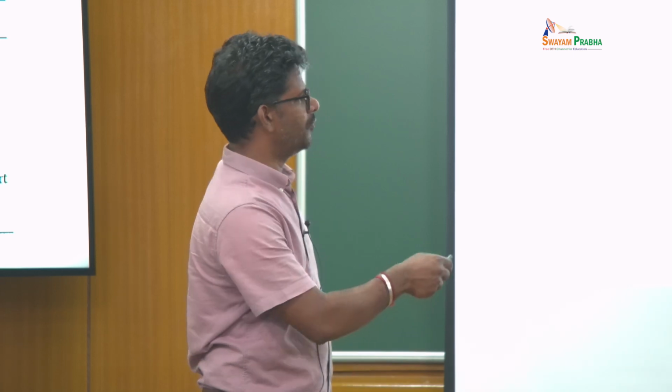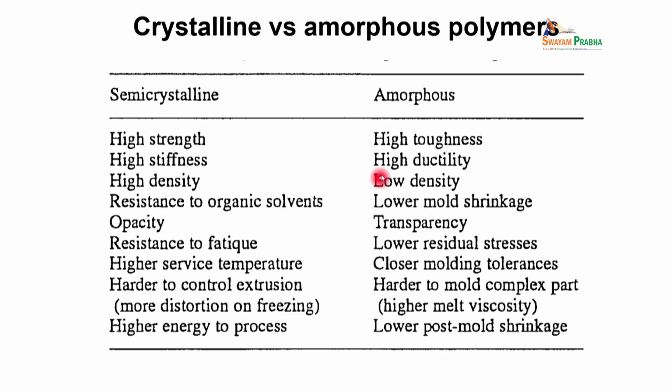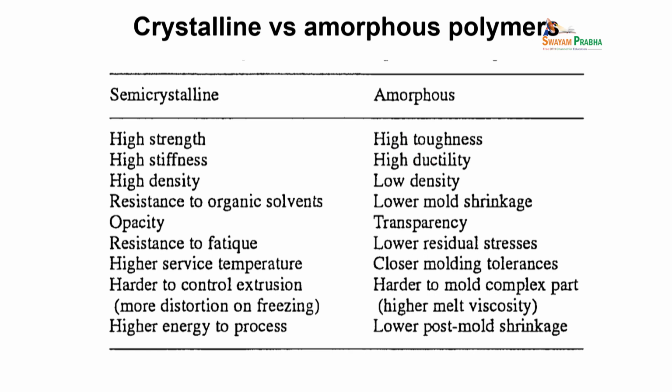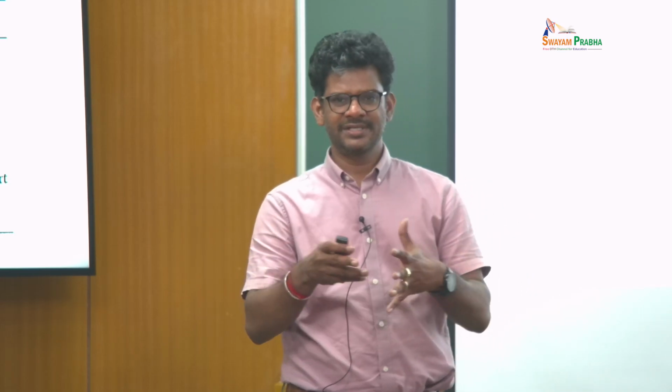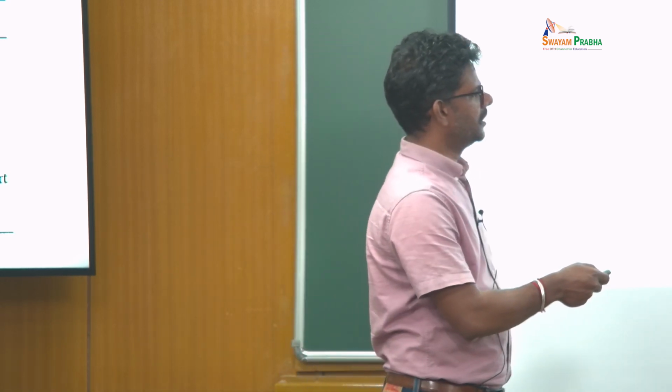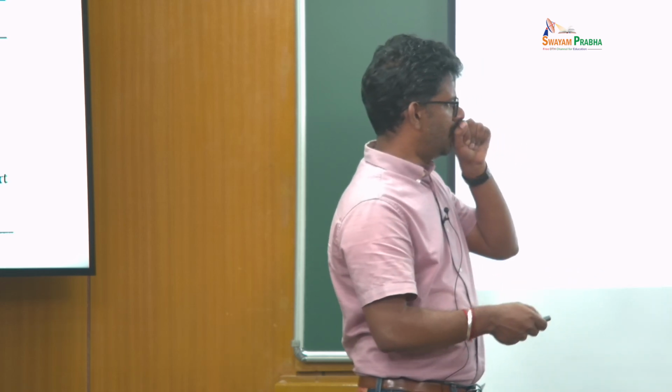When you make the same polymer amorphous, it usually has high toughness, meaning it can dissipate energy from impact, and ductility, meaning it is easy to deform and shape. It usually has low density because it is not crystalline, so the packing is not very efficient, and so density can be low.